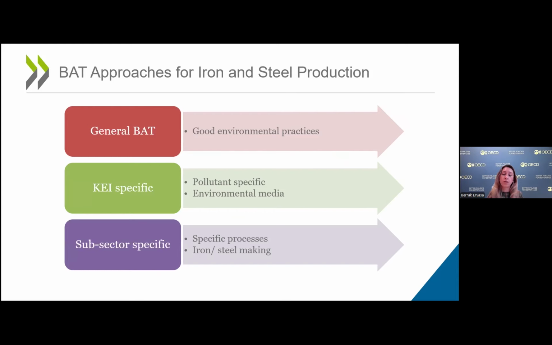Then we screened out key environmental indicator specific BATs, which can be pollution specific BATs or particular BATs for the environmental media chosen, such as air, water, or soil. Then we noticed that there are subsector specific BATs that are critical for specific processes in the sector itself, such as iron and steel making, and these have specific BATs particular to that subsector.